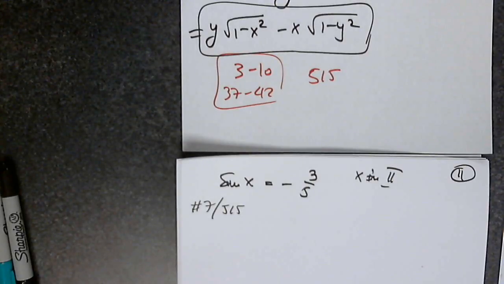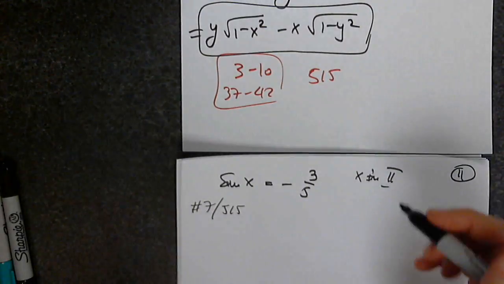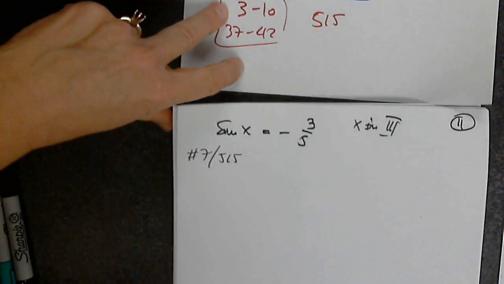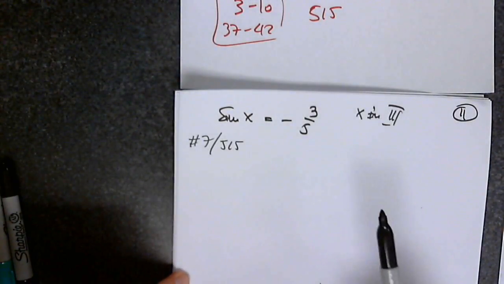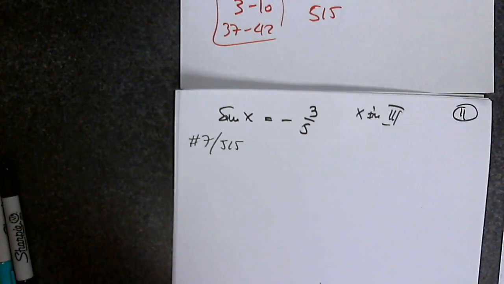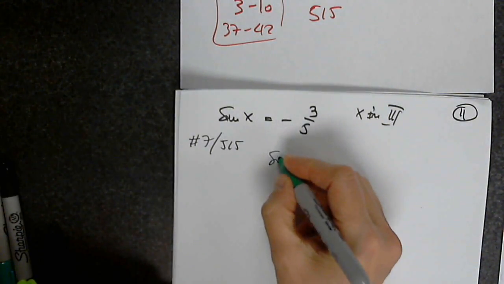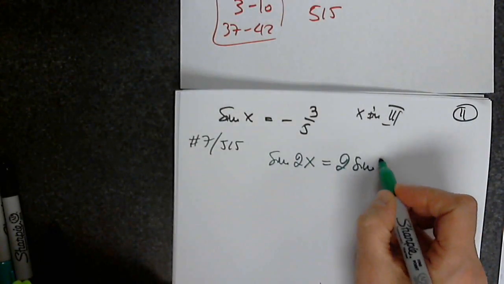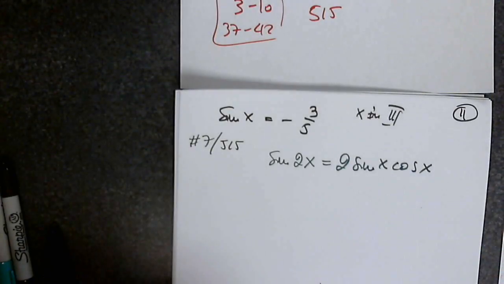We're asked to find sine twice x, cosine twice x, and tangent twice x. Yes? It's in the third quadrant. Oh, I'm sorry. Thank you, thank you. Very good. Yes, of course, it would have been a contradiction. Sine cannot be negative in the second quadrant, of course. Thank you. So, in order to find sine twice x, I will write the formula: 2 sine x cosine x.